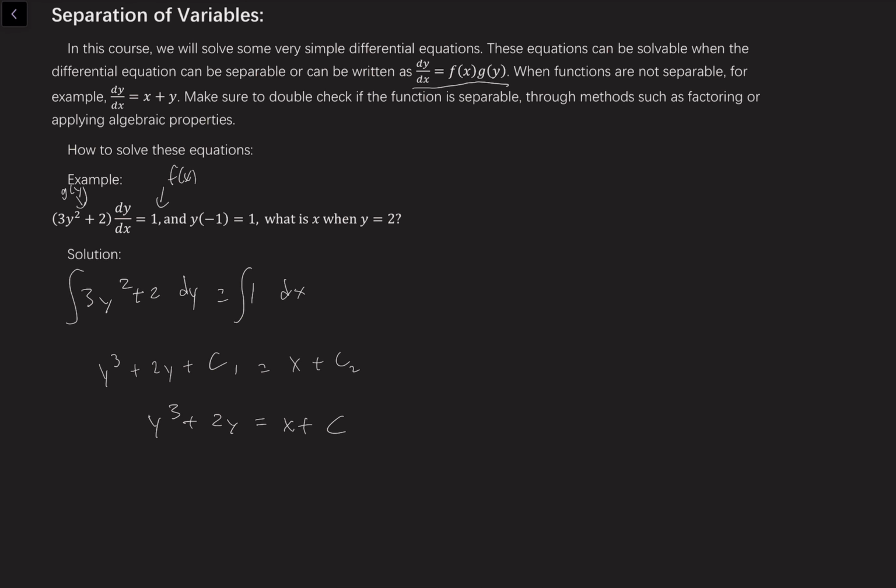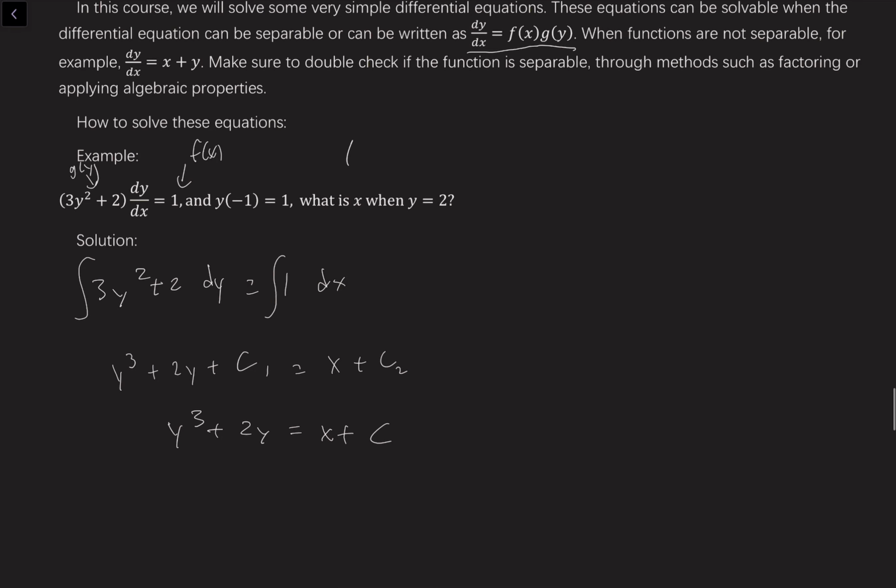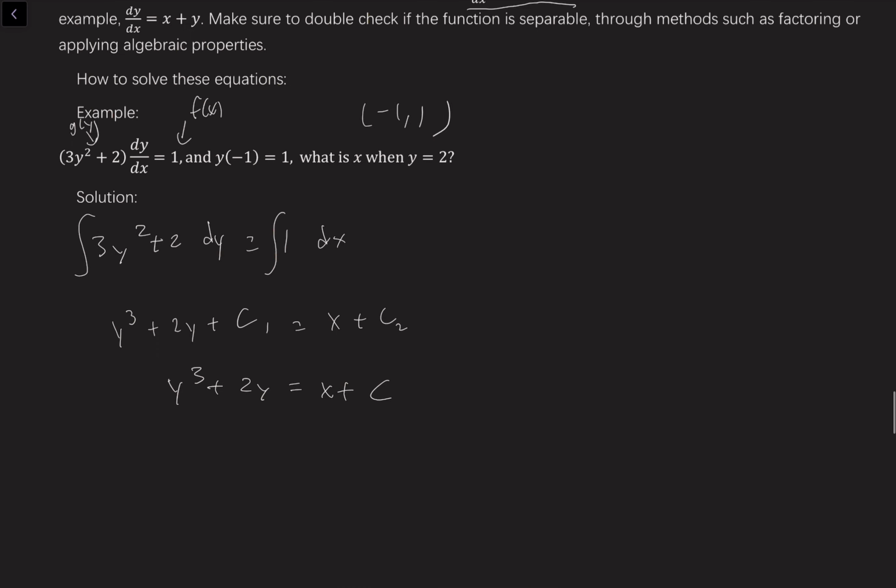And we give an initial condition that it has a point of (-1, 1). So let's substitute it in and solve for this constant c. y cubed plus 2 times y, with y equal to 1, equal to x, which is -1, plus c.